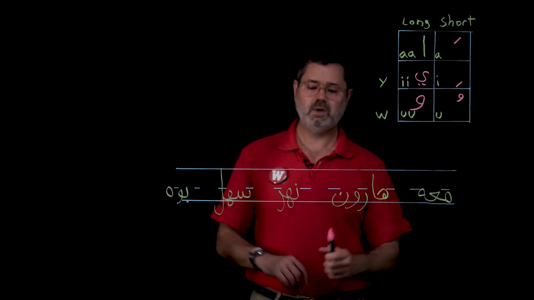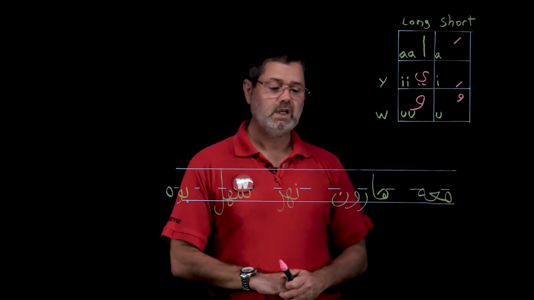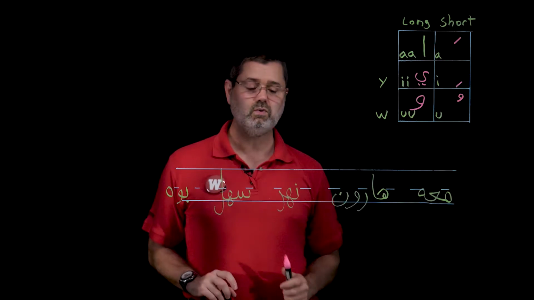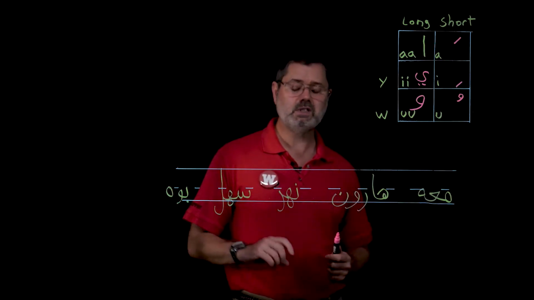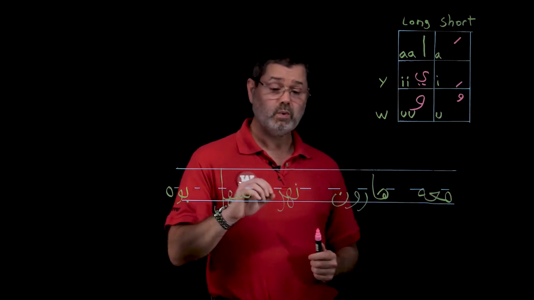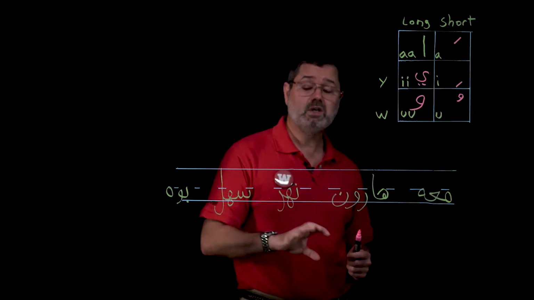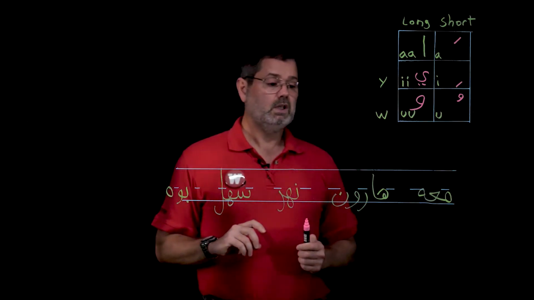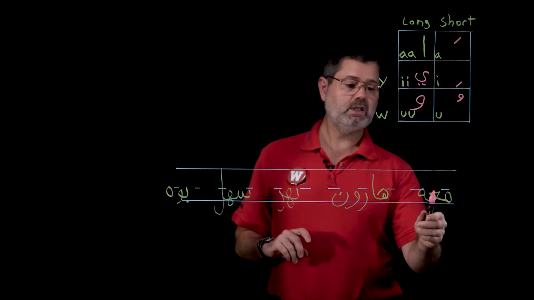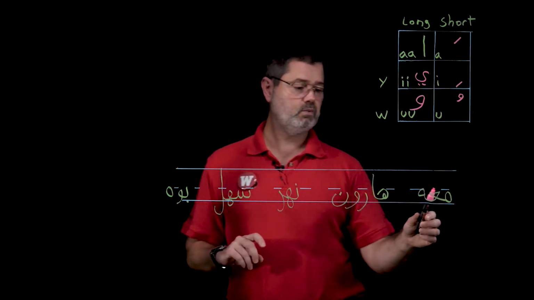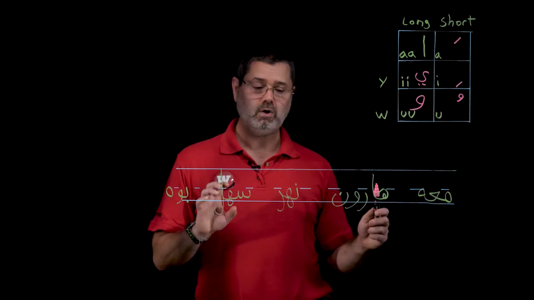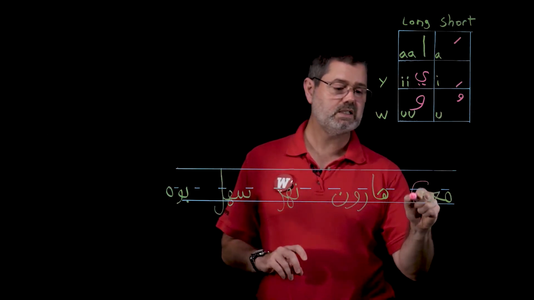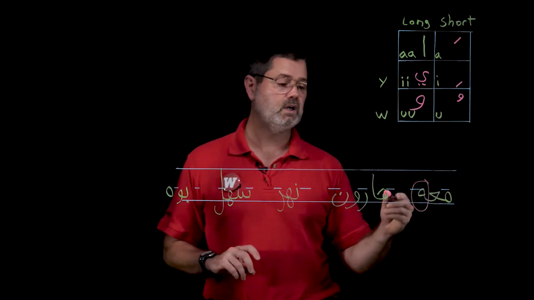Okay, here we are. We have 5 words, and there are a lot of letters that you will not recognize in these words, and that's okay. What we want to be able to do is pick out the ha because it is very distinct. So let's look at this first word. Again, there's a number of things we haven't seen before, but hopefully you can recognize this final form of the ha.